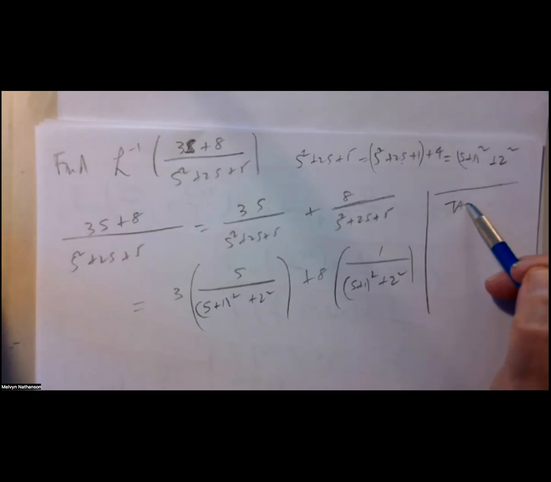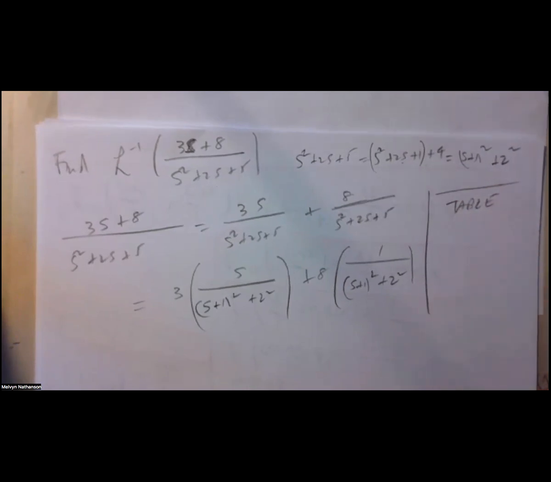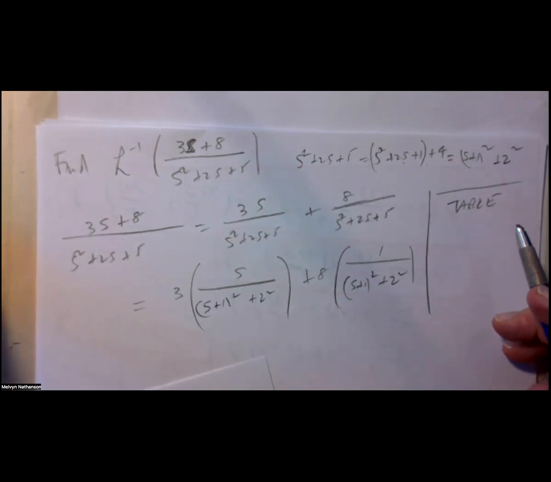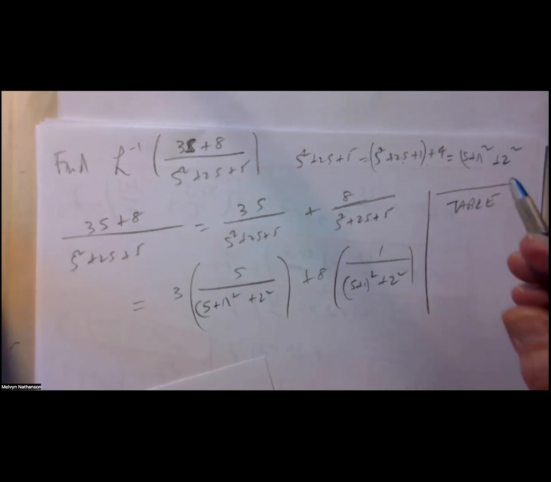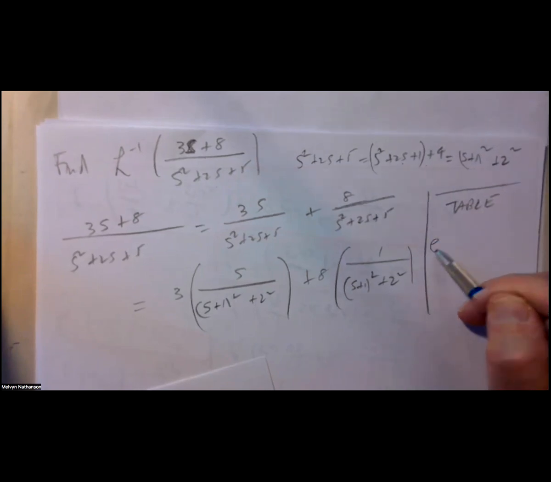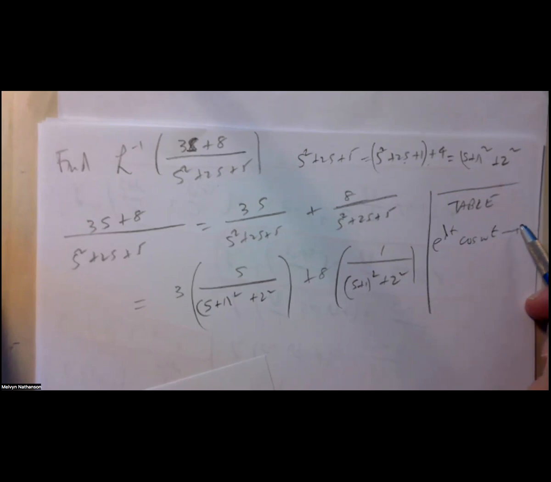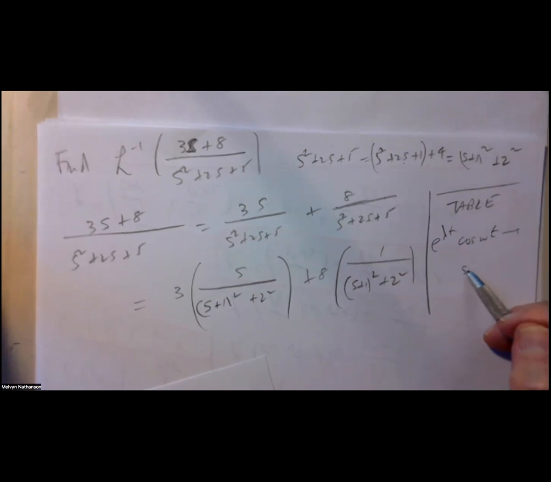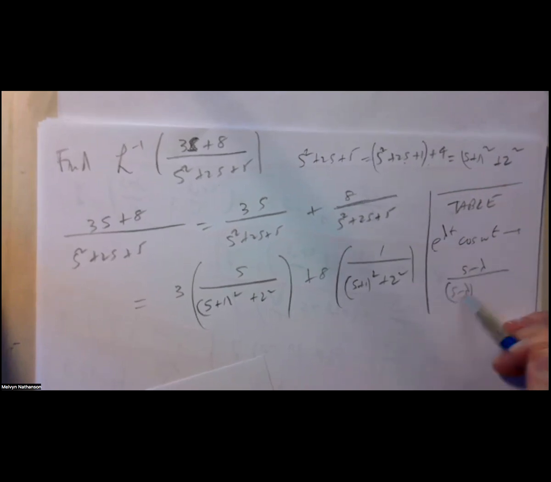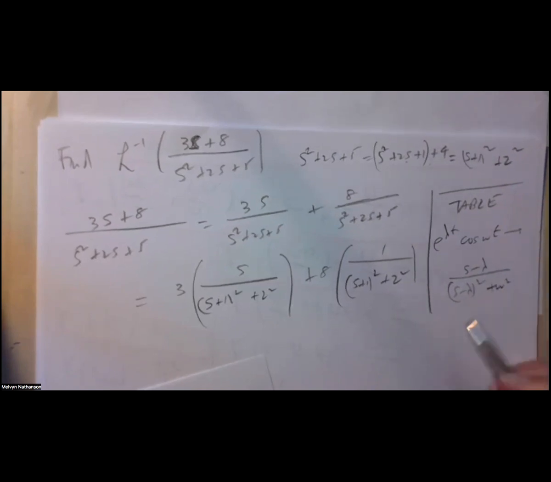So this is what I found in the table. That the Laplace transform of e to the lambda t cosine omega t was s minus lambda over s minus lambda squared plus omega squared.